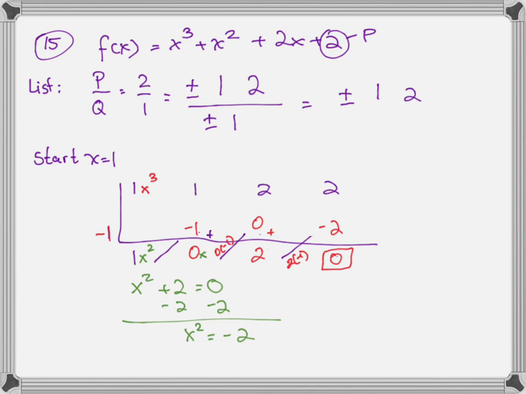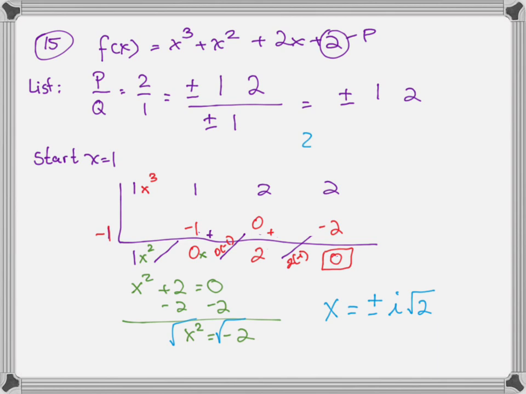Then you take the square root, and x is equal to plus or minus i square root of 2. And this is an imaginary number. That's why you don't see that in the book. The book is just asking for the rational zeros.